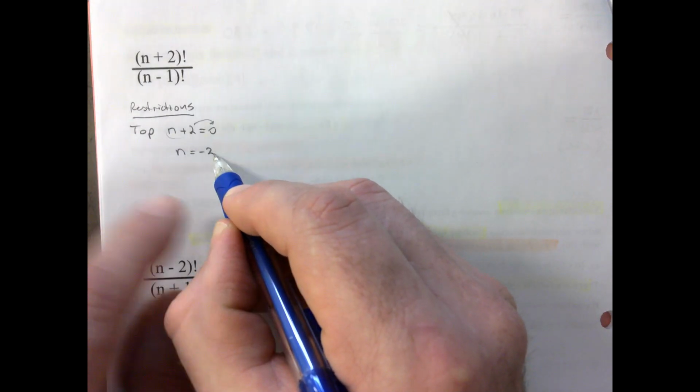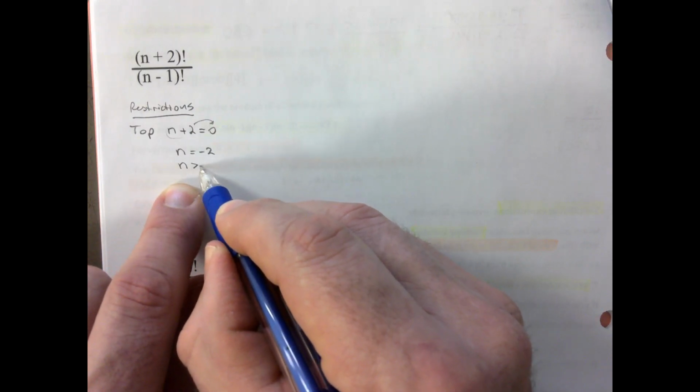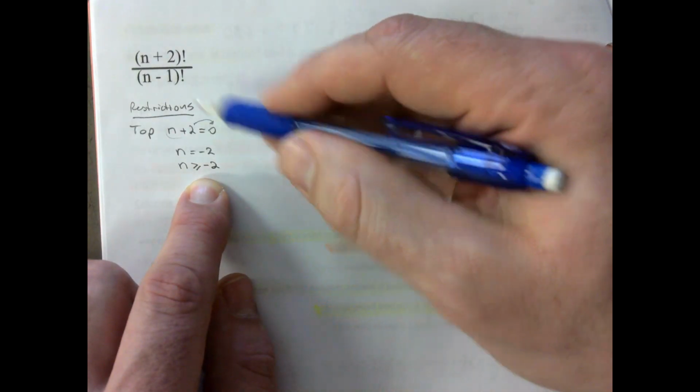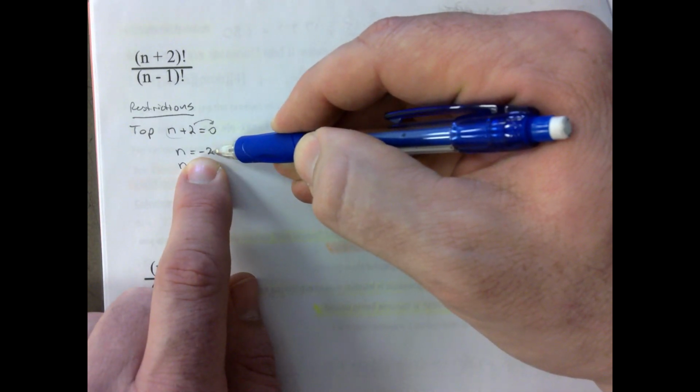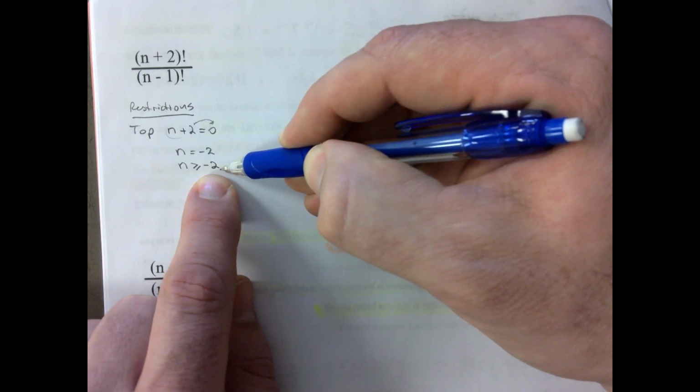Okay? And then you have to state that n has to be greater than or equal to -2. Because once you figure out what turns the top 0, and we figured out that it's -2, then you need to make sure that all values of n are greater than -2. You just need to make sure you do that.